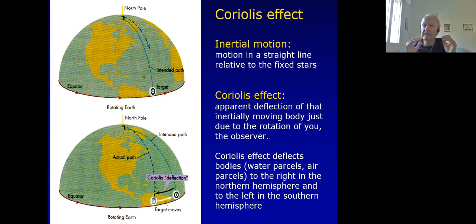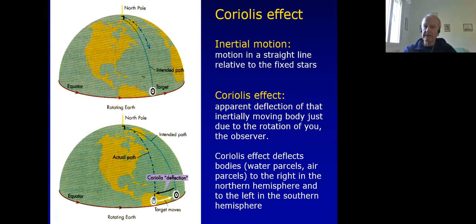Without the Coriolis term we cannot describe completely the movement of the parcels on the rotating Earth. So introducing the Coriolis effect, we describe completely the movement of a particle in a rotating system.